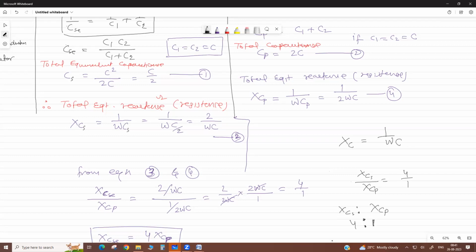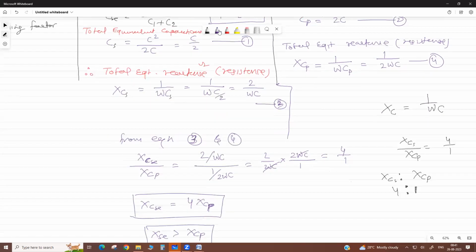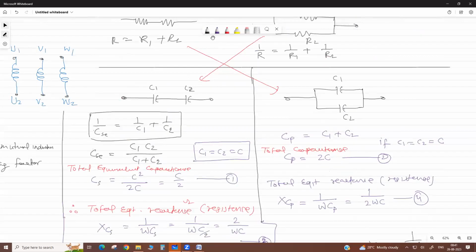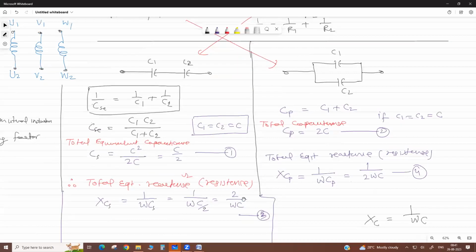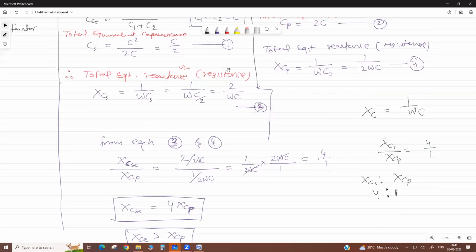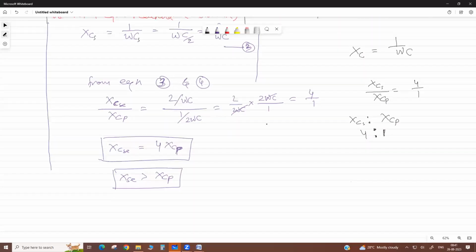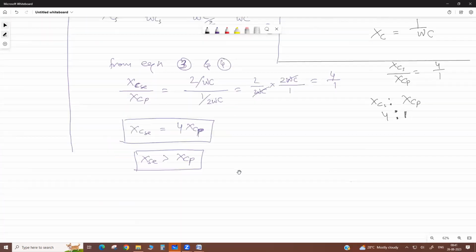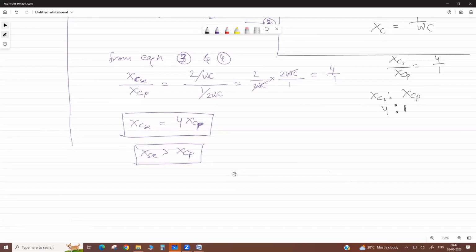What this means is: if we take two similar values of capacitance and connect them in parallel or in series, which has the higher reactance? In series it is high, 4 times more than parallel. Anyway, in a series circuit resistance is high, actually.